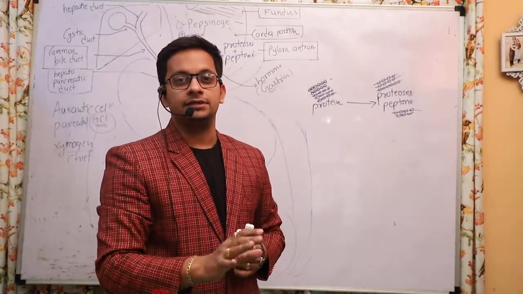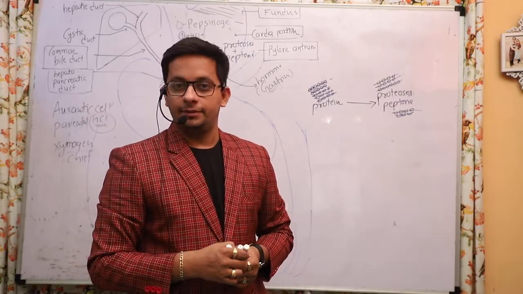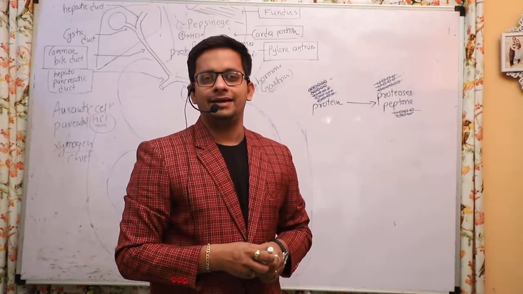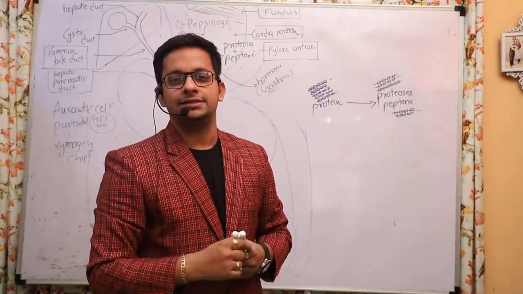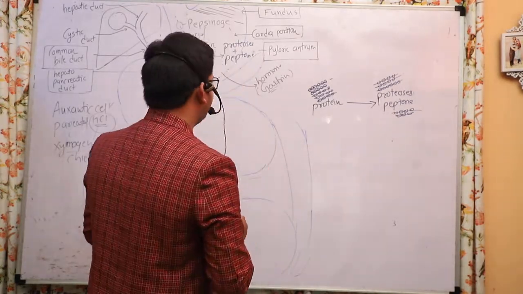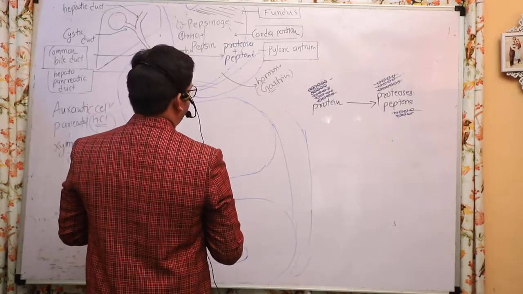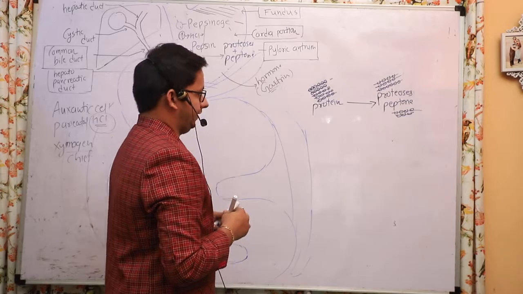Even in the book it is not written which is larger and which is the smaller product. But from many reference books you can say that proteose is the large subunit and peptone is the smaller subunit. Now, proteoses and peptone, this is not complete digestion of protein.